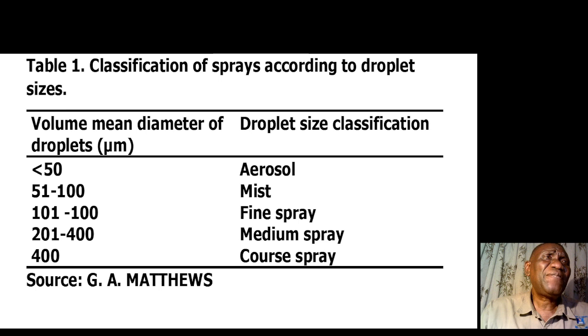Anything between 51 and 100 micrometers is mist. And please note, it is the aerosol and the mist which could be vulnerable to drift due to wind. Between 101 and 200, we have got fine spray, which can also be vulnerable to wind.